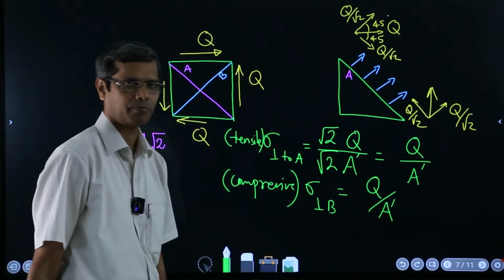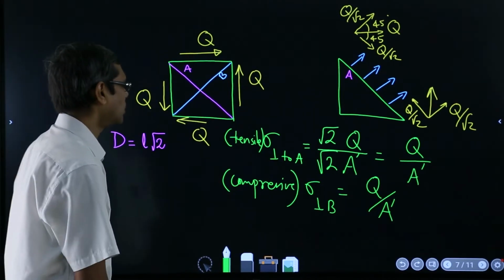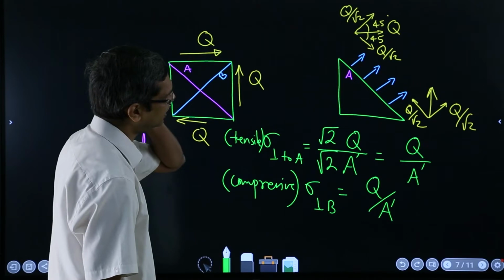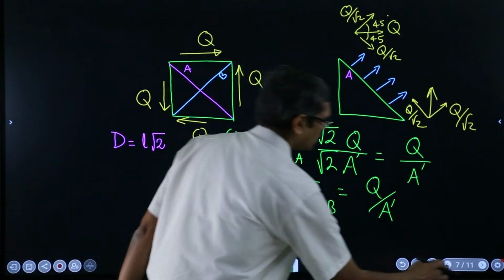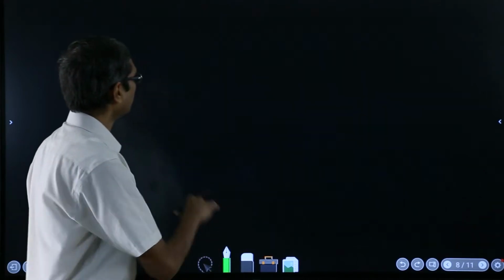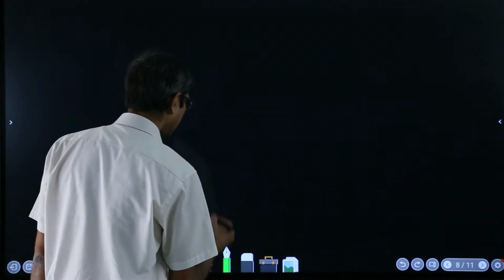A prime is the area, fine. So this is the compressive load which comes onto this side. So that means we can interpret this result like this.